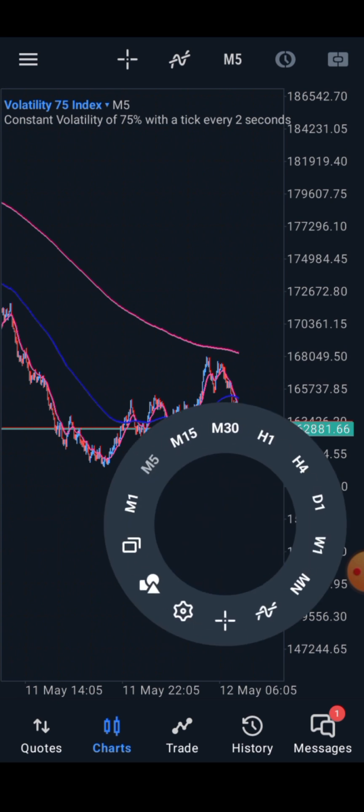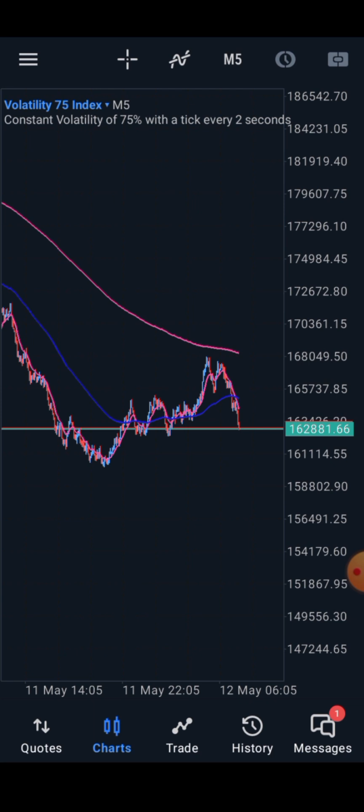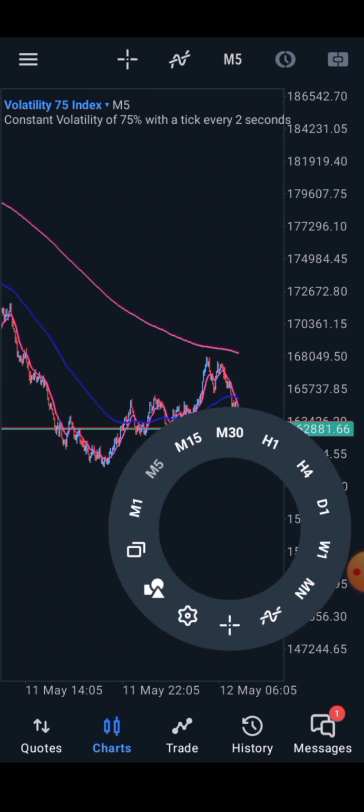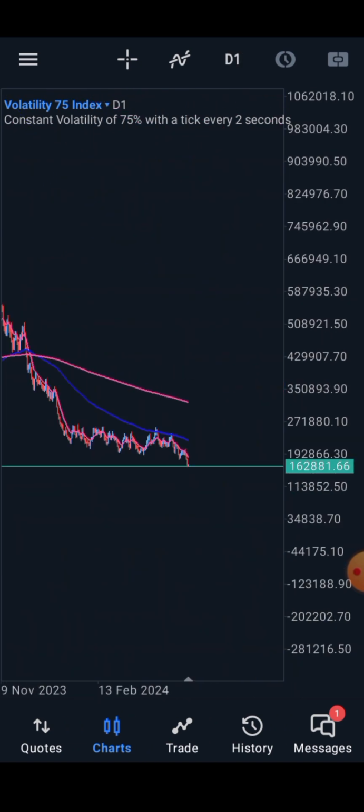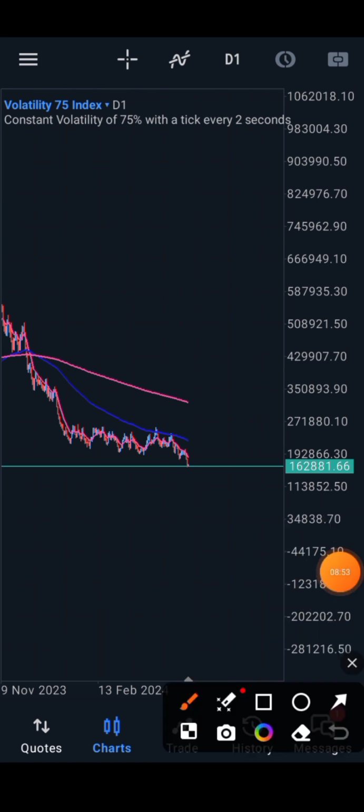Now let's go to the third and the last indicator, which is the EMA 10. This is one of the most important of it all. Let me take you back to the higher time frame. Now you see the market is below this. The market is below the 350. The market is below the 90.